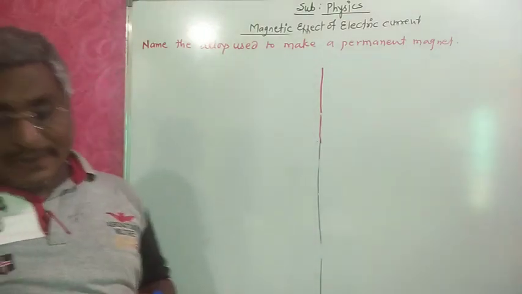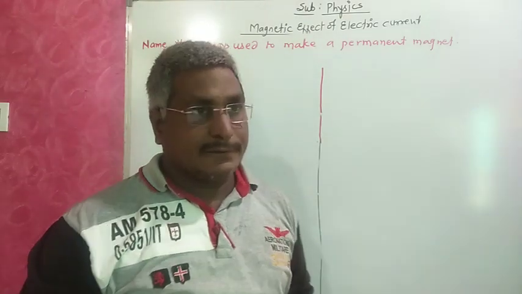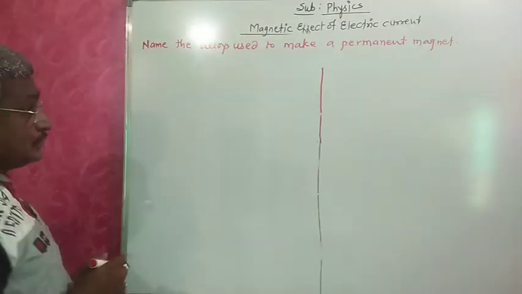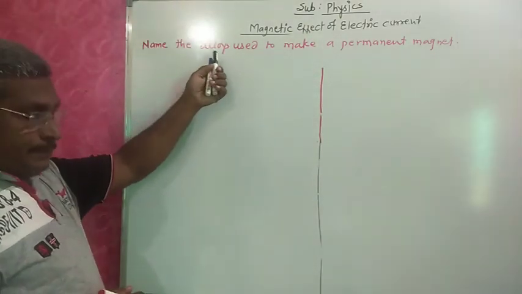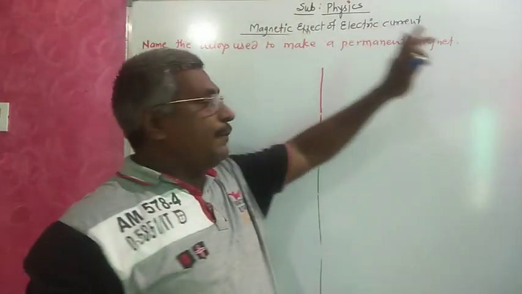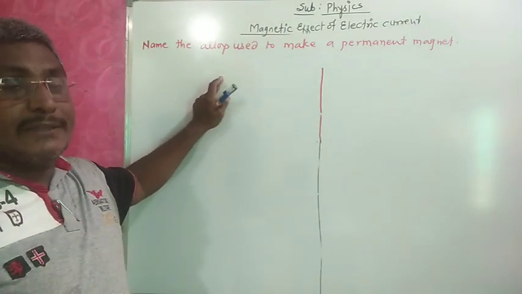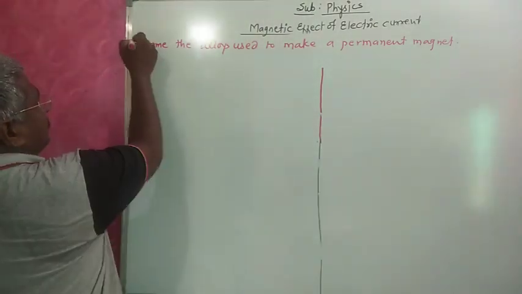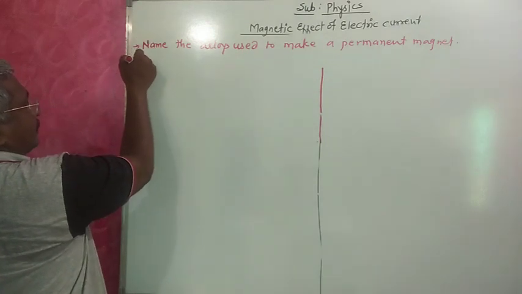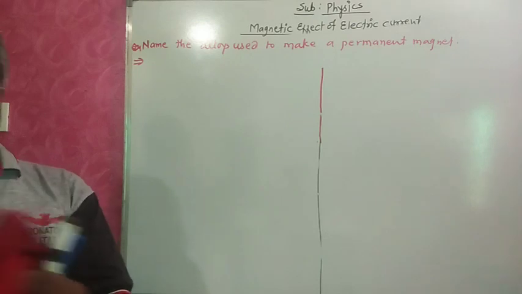Which alloys are used to make a permanent magnet? So magnet is made up of alloy. Now you come to know that permanent magnets are made up of alloy. But which alloys are used for making the permanent magnet? So the answer.